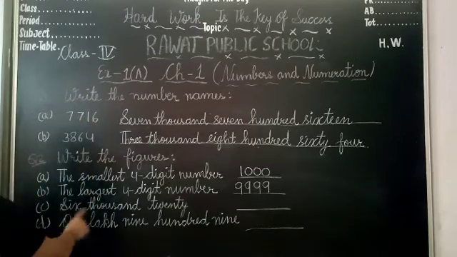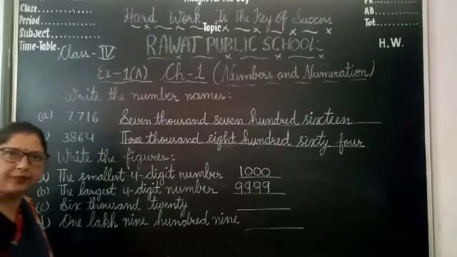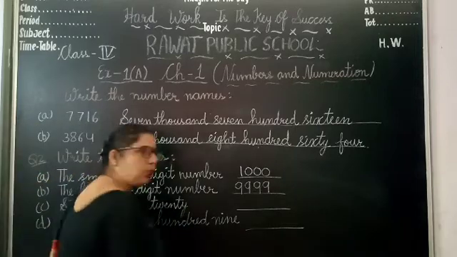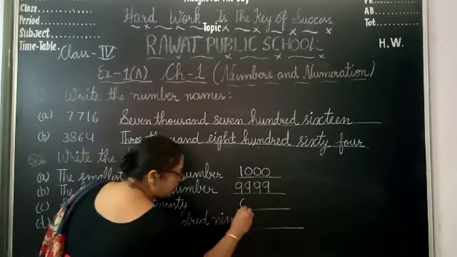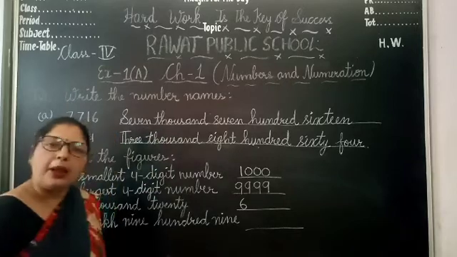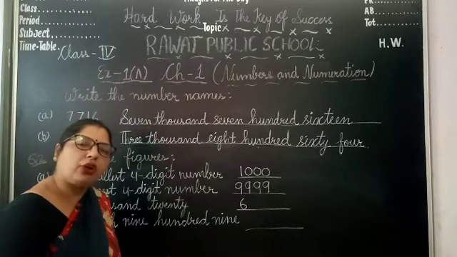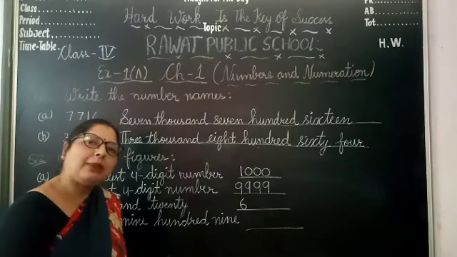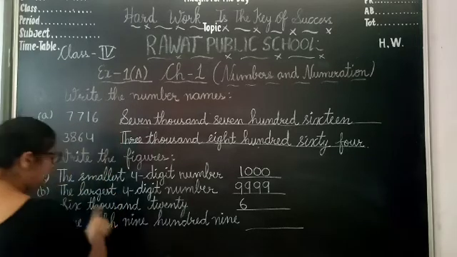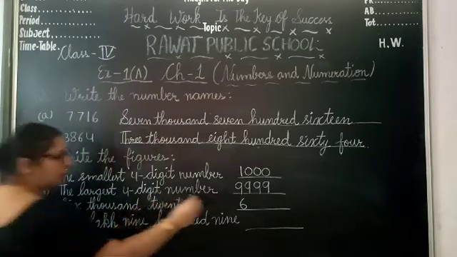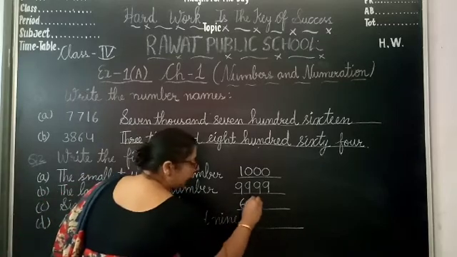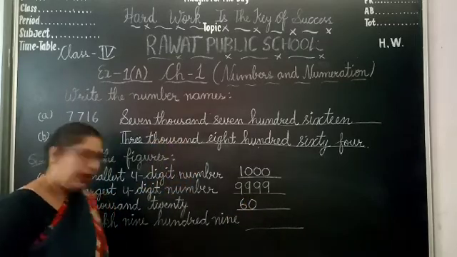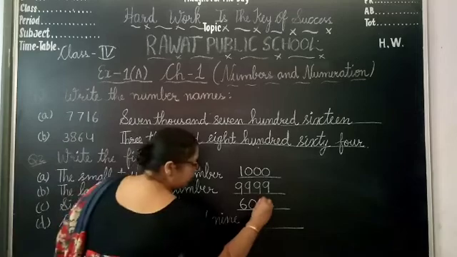Next is 6020. So 6000. 6 is in the thousands. Before 1000, what will come? 100 comes. But here there is no 100, only 6000. So we put 0 at the place of 100. Then 20.